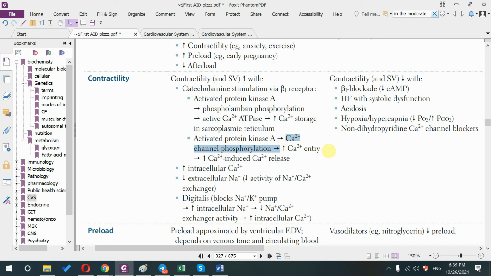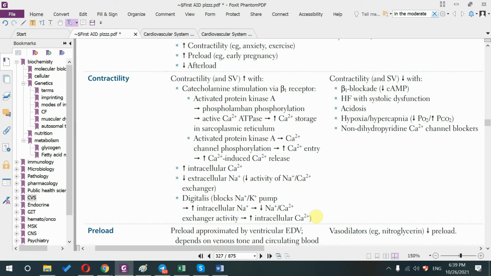So there will be more calcium entry, and that will lead to calcium-induced calcium release. That will lead to contraction. So this process led to more calcium inside of the cell, less extracellular sodium. Why? Because of less activity of the sodium-calcium exchanger. We don't need it to work anymore.